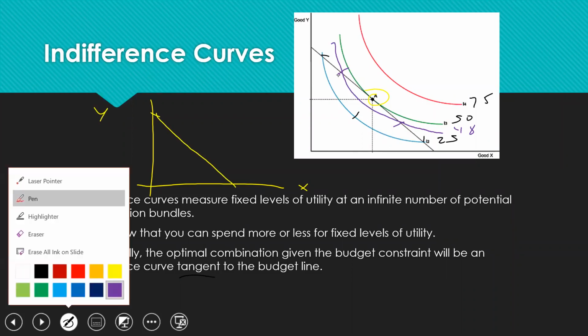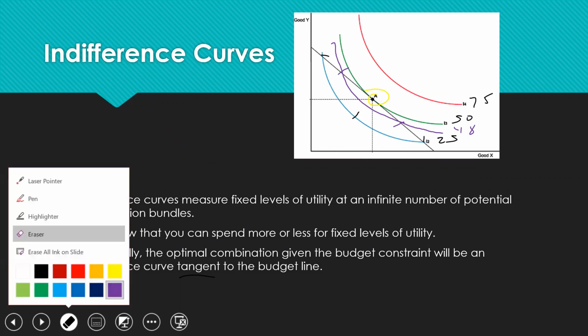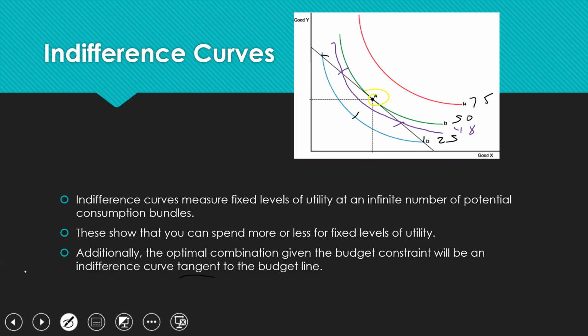So in our example, we had basketball games and concerts. If on one axis we have concerts and on the other one we have basketball games, I think our budget constraint was $17, and then these were $4, and then these were $5.